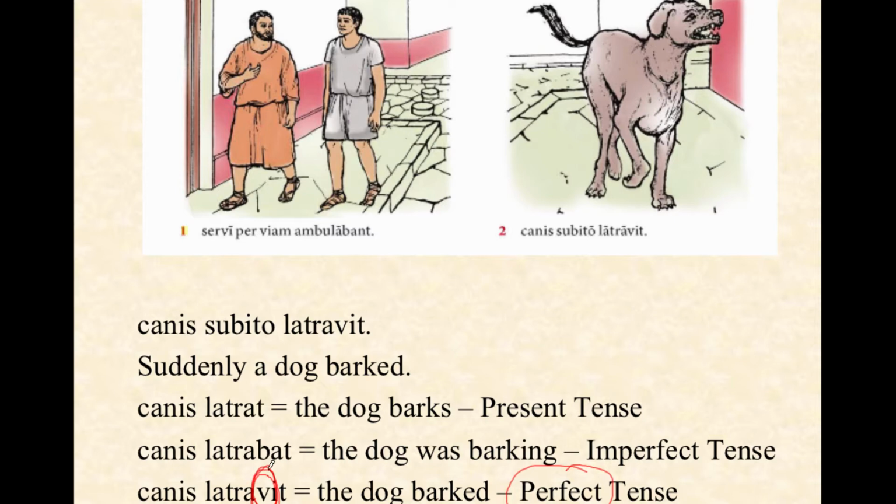In stage 7, we're going to learn that perfect tense is a little more complicated than just adding a V. There are some irregular perfect tenses where it doesn't have a V, it has other changes. But for today, it's enough for you to see the V and know that that is a mark of the perfect tense, because at least half of the verbs in Latin are going to form their perfect tense that way.